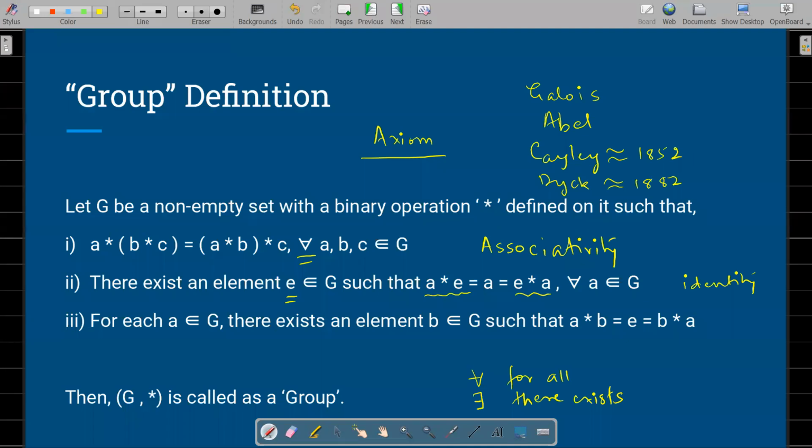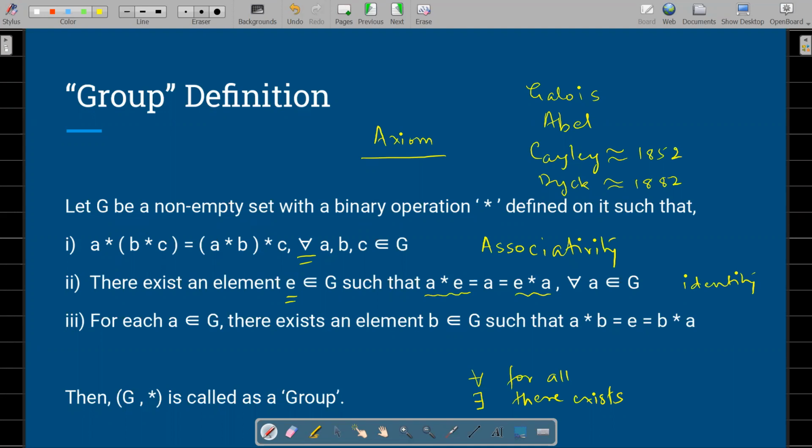Everything is not commutative in general. For example, matrix multiplication is not commutative, or composition of functions is not commutative. But as we know, addition and multiplication are commutative operations on reals, integers, etc. But for example, a minus b is not same as b minus a, or a divided by b is not same as b divided by a.